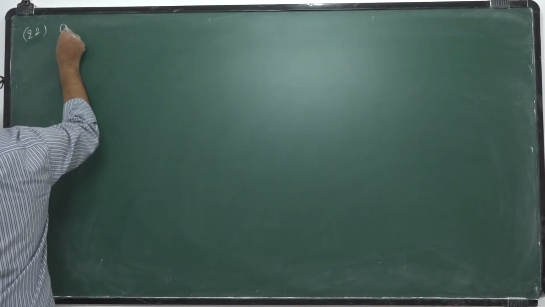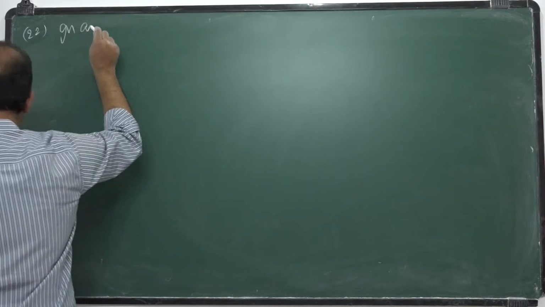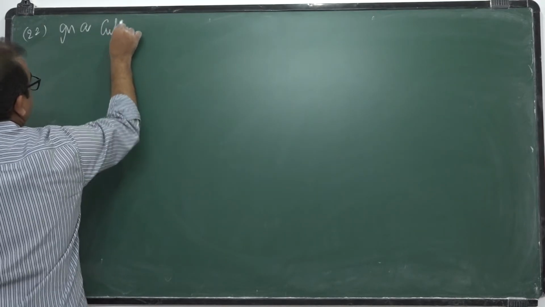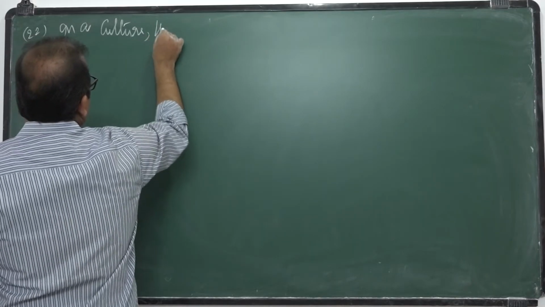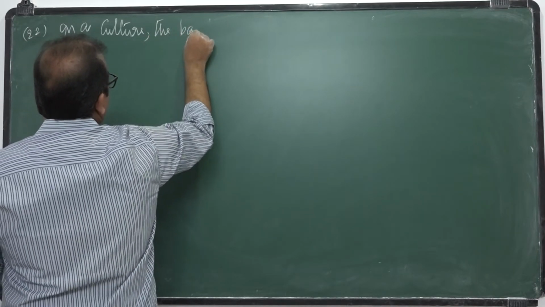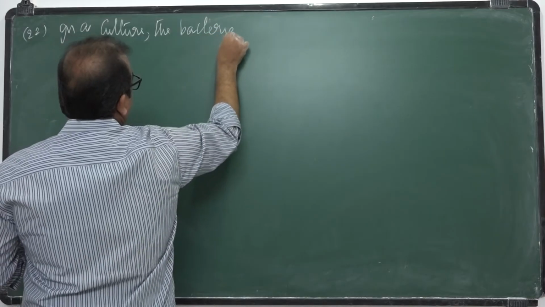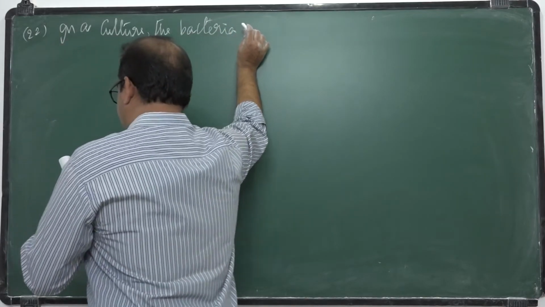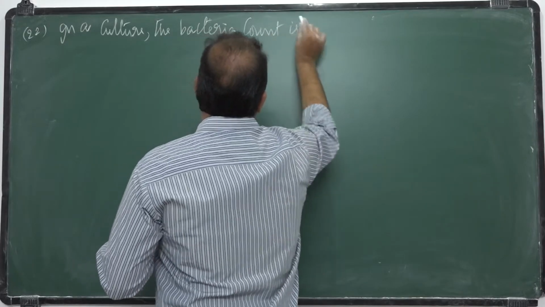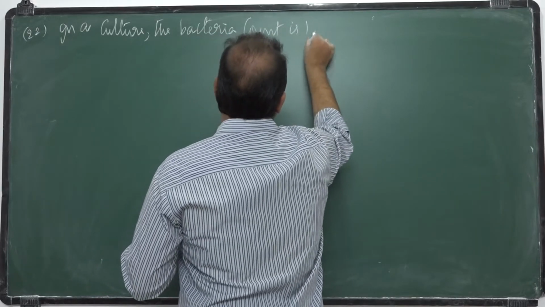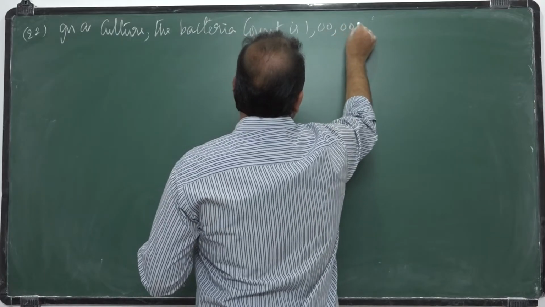Write the next problem. 22. In a culture, the bacteria count is 1 lakh.